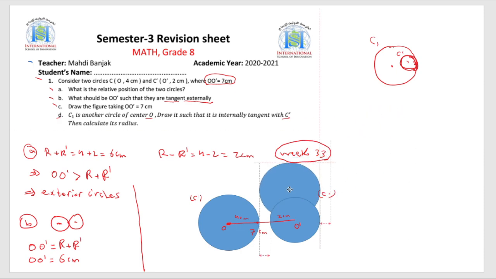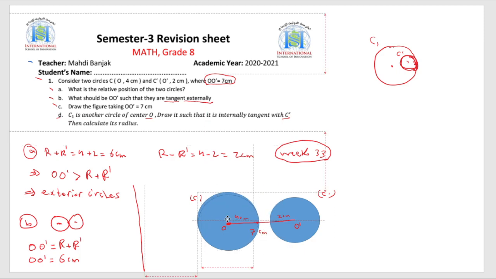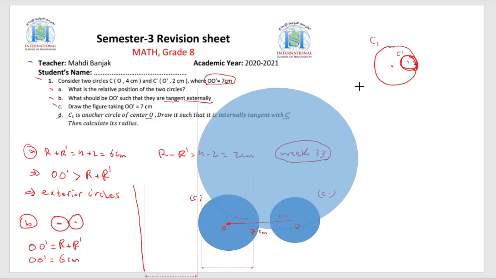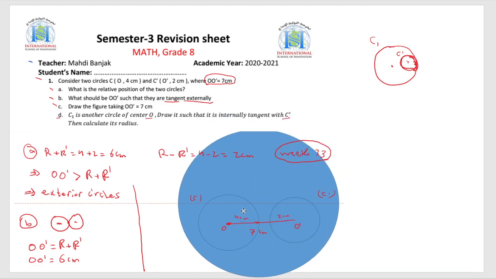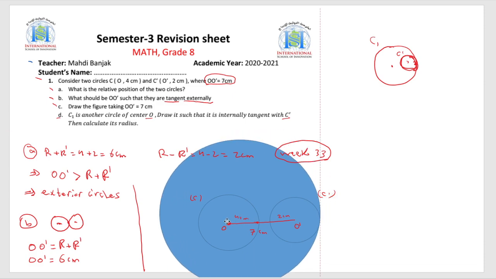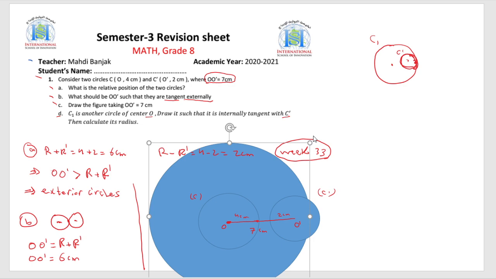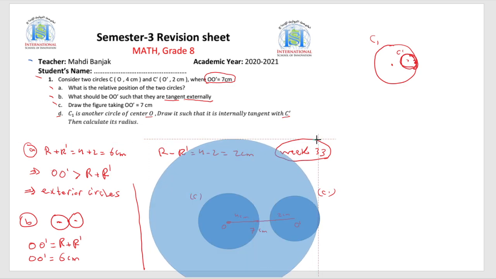Okay, the new circle should be like that, but bigger. It should be big enough that it touches circle C prime. So let's keep the center O, and it should be like that.